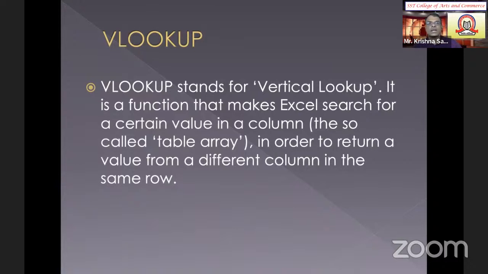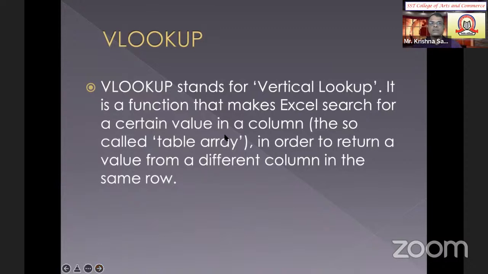VLOOKUP stands for vertical lookup. It is a function that makes Excel search for a certain value in a column, the so-called table array, in order to return a value from a different column in the same row. Okay. So it will give the value from a different column, but in the same row.